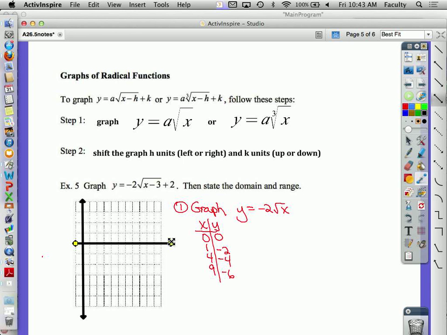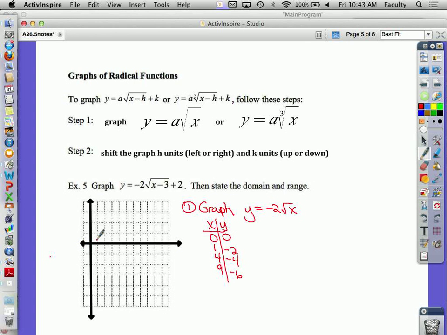Okay, I think I can go by ones, so let's try it. It'll be tight. And then what you're going to do, since this method requires you to actually draw 2 graphs, the first one, we're going to make it dashed, okay?